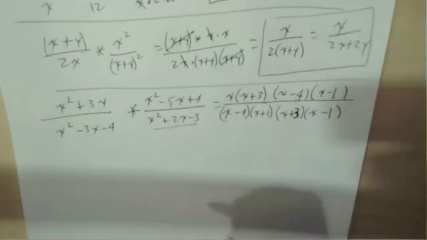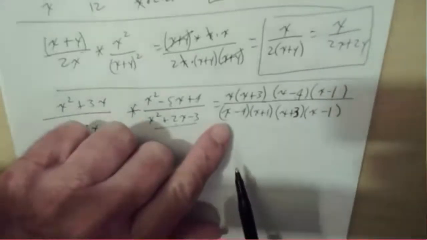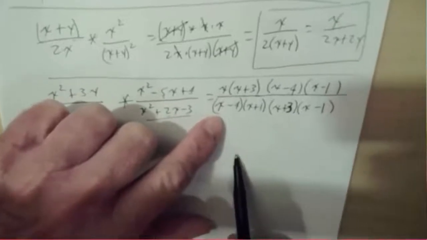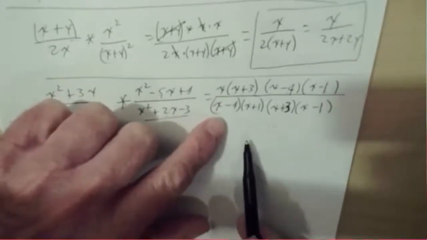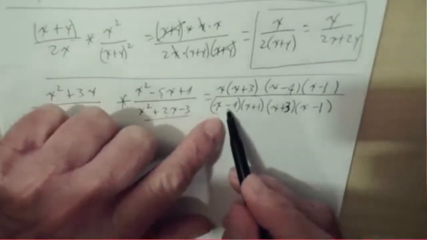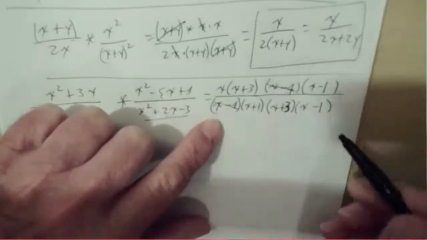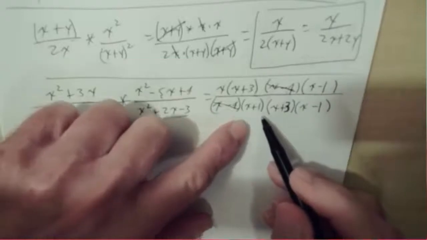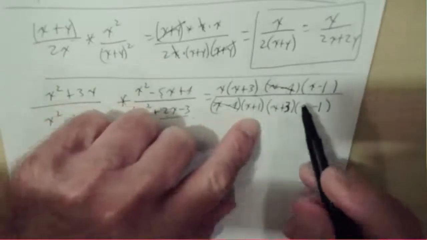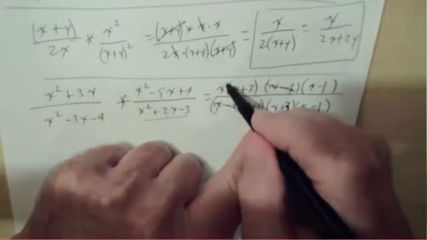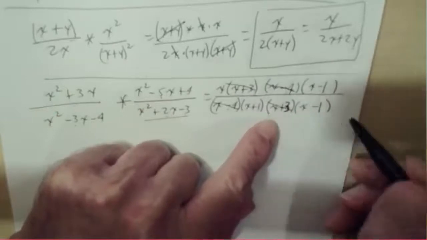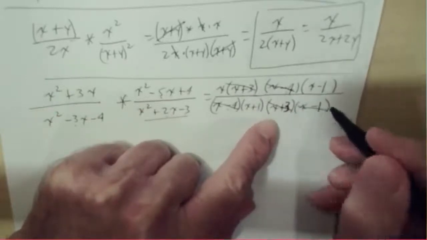Now let's look, what can we reduce? Here's x minus 4 here and x minus 4 there, so we can take those out. X plus 1, no. X plus 3, yes, here and here. X minus 1 here and here. So what are we left with?